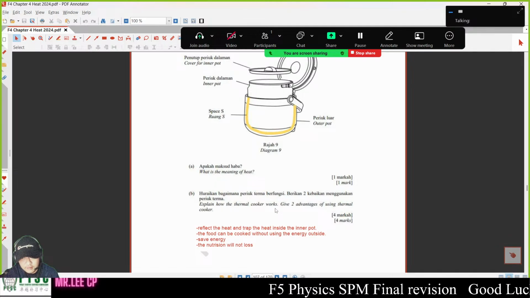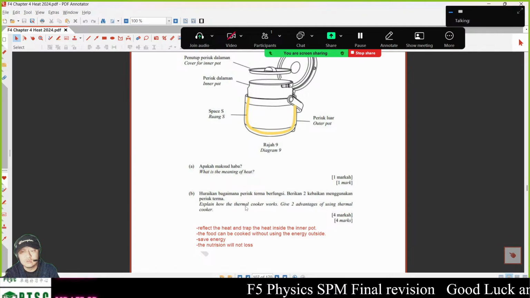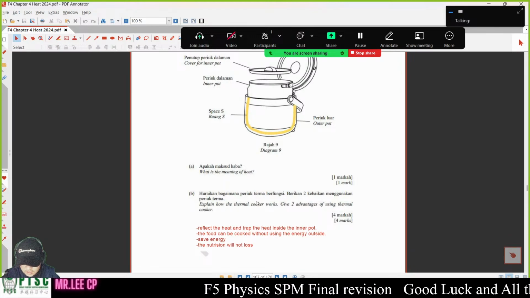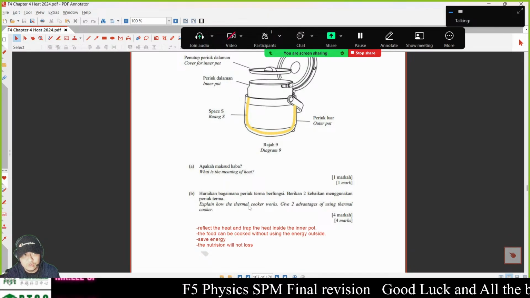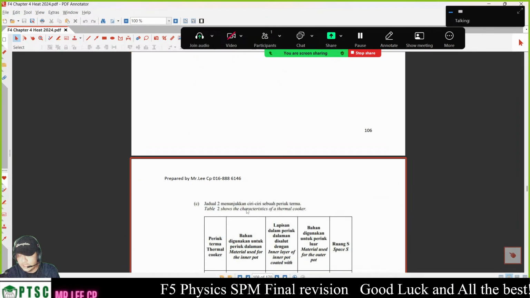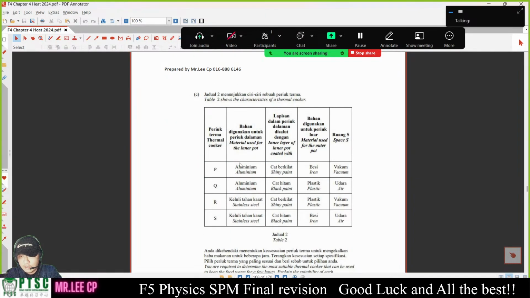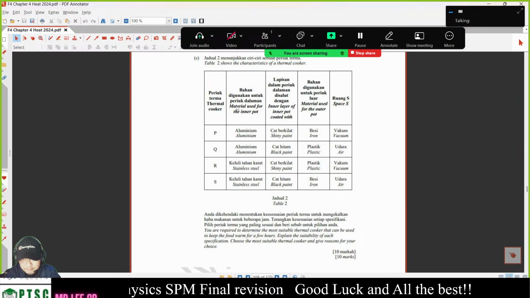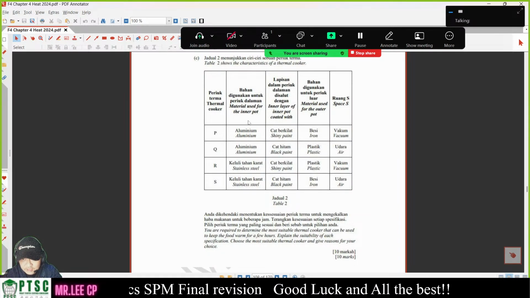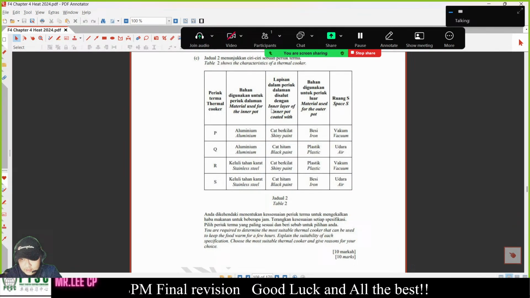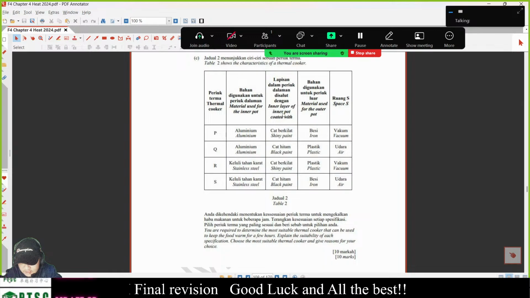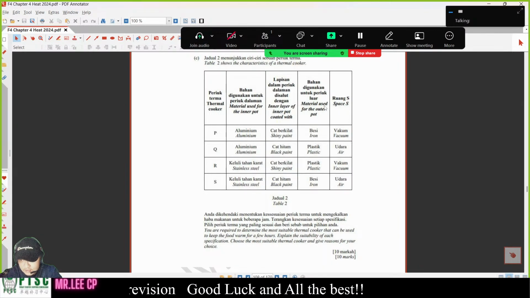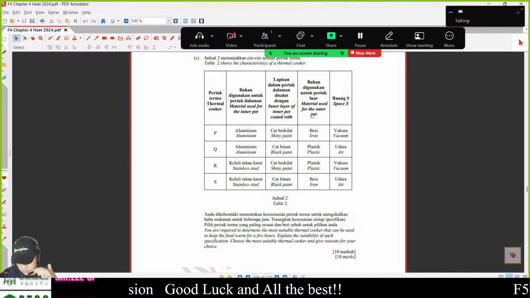Okay. They will ask you how the cooker works. How the latent heat? If they don't mention latent heat, you no need to add in latent heat. Now, this kind of question also: the material for the inner pot, what? The inner pot coated with what? The material used for the outer pot is what?